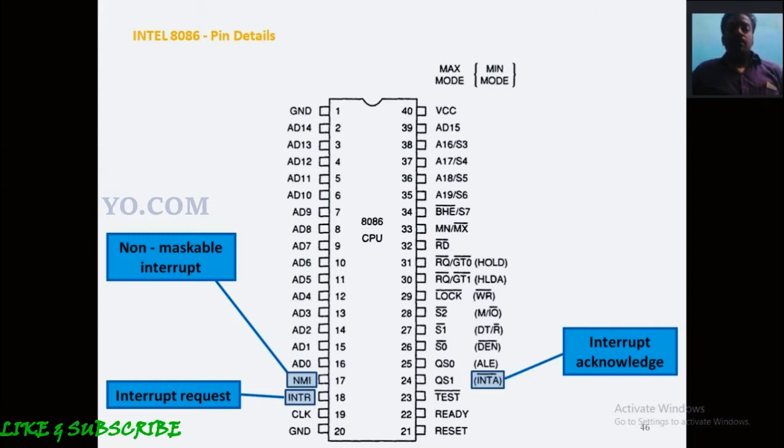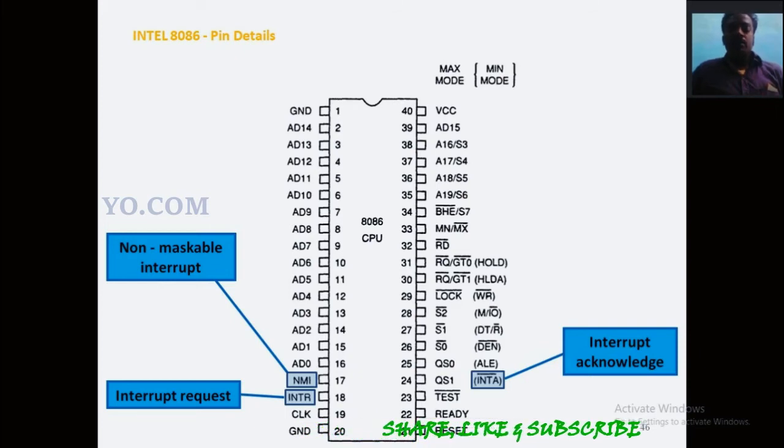If the microprocessor is ready to execute the requested interrupt, it generates INTA, the interrupt acknowledge, meaning: okay, I am going to execute your interrupt. That is the reply to the interrupt request.